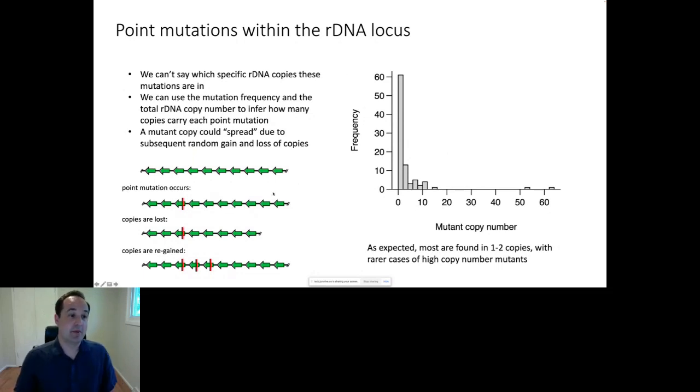We might imagine that a mutant copy could appear somewhere in the array, and that through copy gain and loss, you could lose the mutant entirely, or eventually gain more copies of the mutation. I think we see what you would expect from this kind of process. Most of the time, only a few copies are affected, 1 or 2 in most cases. But occasionally, this new mutation can wind up spreading across many, many copies in the genome.